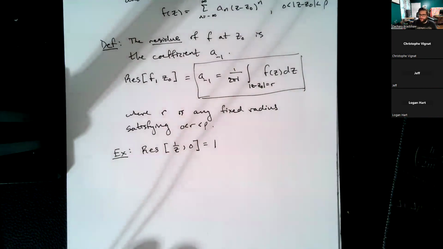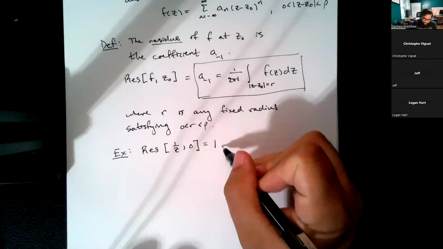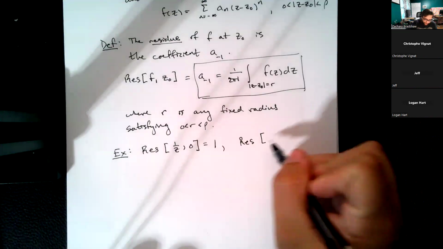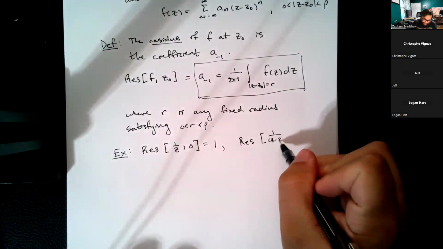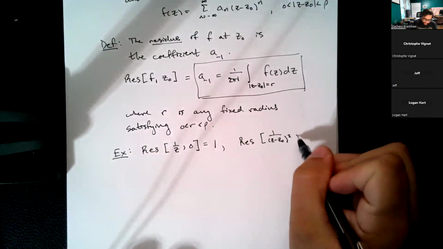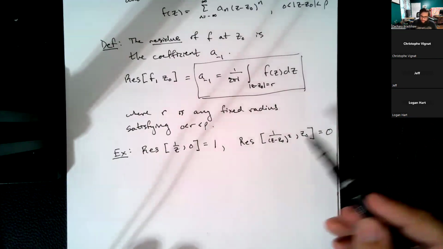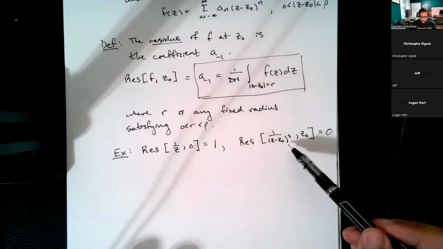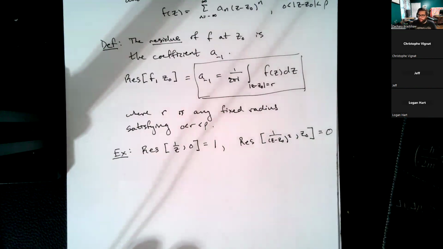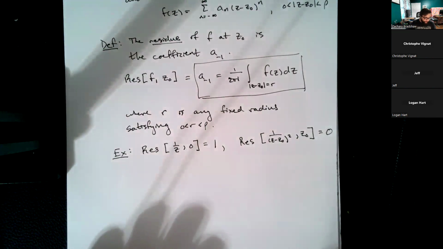The entire Laurent series is just 1 over z, and the coefficient a minus 1 is 1. The residue of 1 over (z minus z naught) squared at z naught will be 0 because there is no a minus 1 term here, so a minus 1 must vanish.